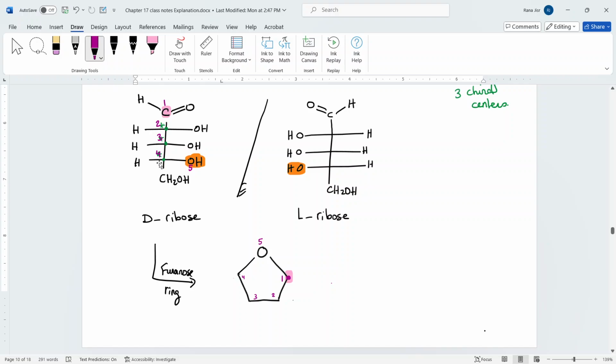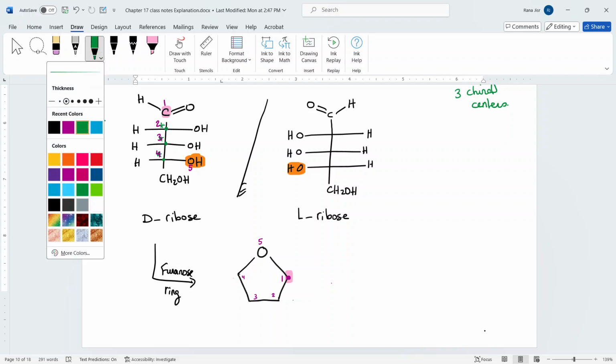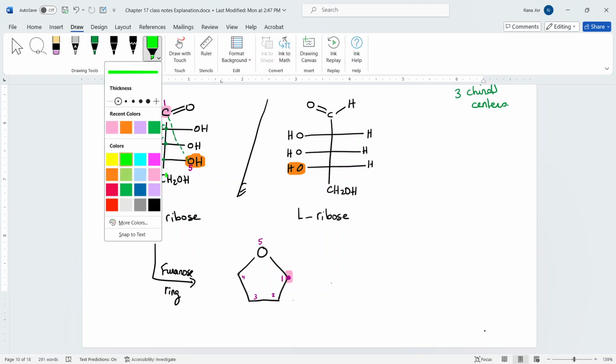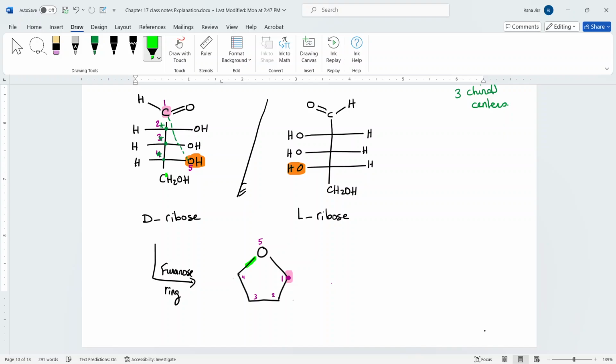So what you are making over here is you are going to use that double bond of the carbonyl, open it up in order to make a bond between the carbon 1 and oxygen 5, and the hydrogen on oxygen 5 will be picked up by this oxygen to become an OH. So this is actually what you are doing in there. Create the cycle, and this is the bond that you are creating between, sorry, it's not this bond over here.